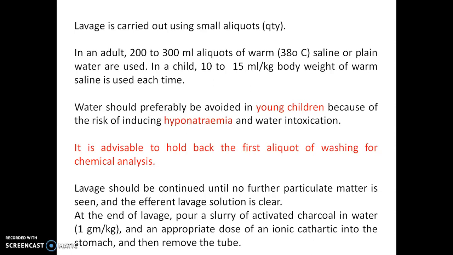In children, 10 to 15 ml per kg body weight of warm saline is used each time. This is a difference you can come across. With a child, saline is used; with an adult there is an option of using either saline or plain water. Water should preferably not be used in younger children because of the risk of inducing hyponatremia and water intoxication. Hyponatremia means a decrease in the sodium level. That's why with children it's better to use saline.